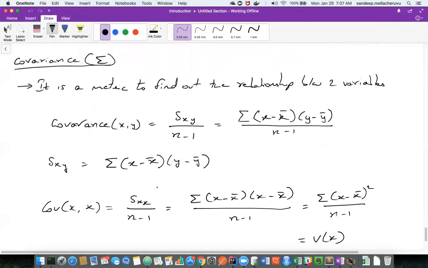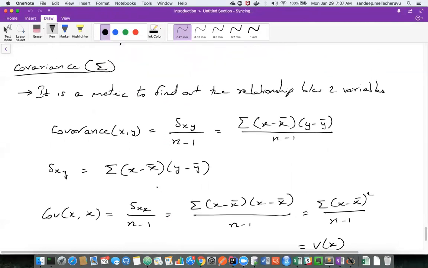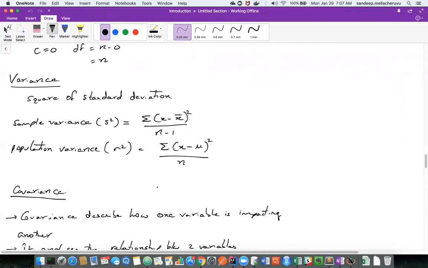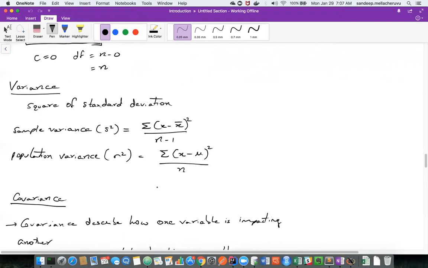So in general, for covariance, there is no different formula. The reason for having population variance is because for many of the theories, you need a theoretical formula. Even in population variance, you'll not use this formula much often. This is useful only for the theoretical concepts, not for the practical application.